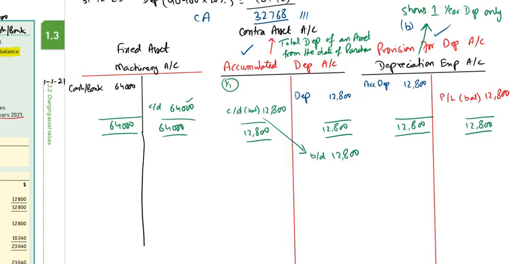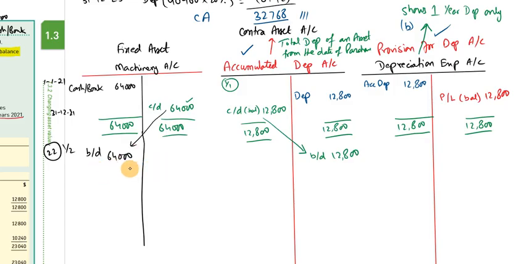So now move to year two. Year two is 31st December 2021. This CD will become the BD of the next year. So the cost of machine again is 64,000.